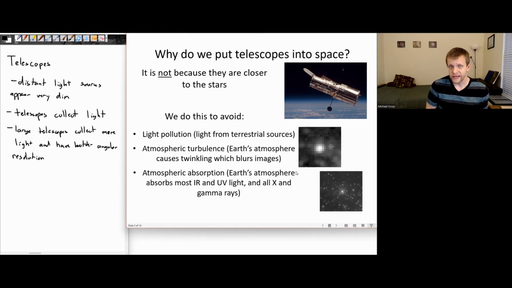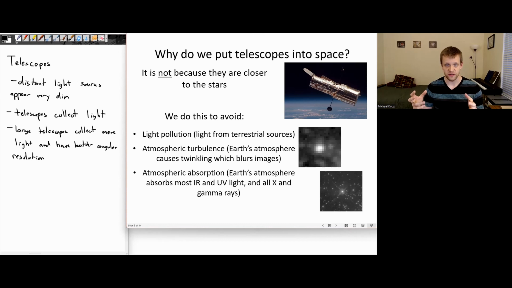Also, we want to study astronomy in all sorts of different parts of the electromagnetic spectrum. We don't just want to rely on visible light. We want to be able to look at other forms of light as well. The problem is Earth's atmosphere absorbs most of the infrared light and most of the ultraviolet light before that light actually makes it to the ground, and essentially absorbs all X-rays and gamma rays.